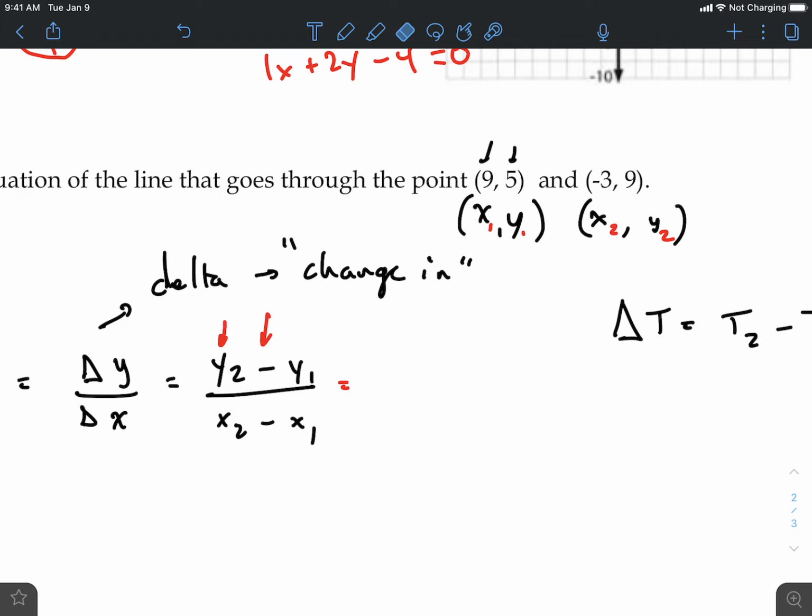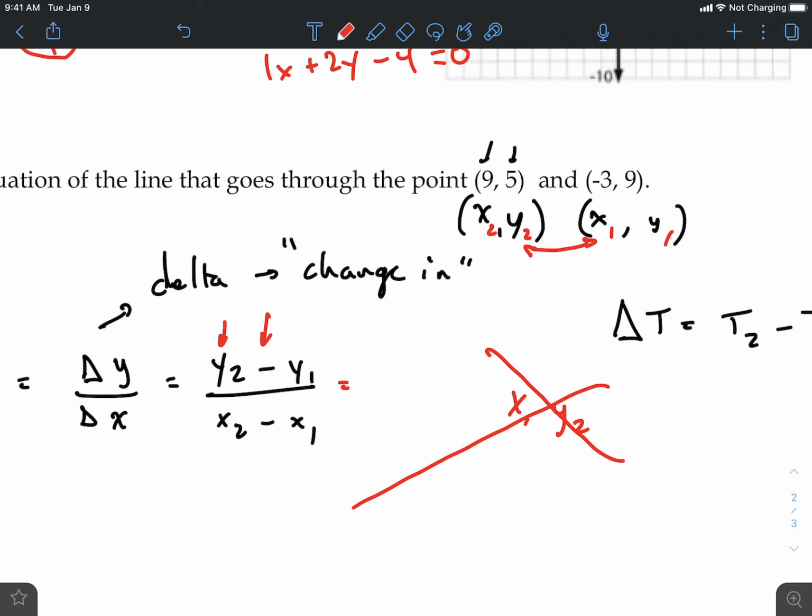So when you see 2 points like that, it doesn't matter which one you call which. Just because this is in order and I called it x1 and y1, you could flip-flop them around too. You could call this one 2 and 2 and 1 and 1. What's very important is you don't switch. You don't match x1 with y2. That's not allowed.